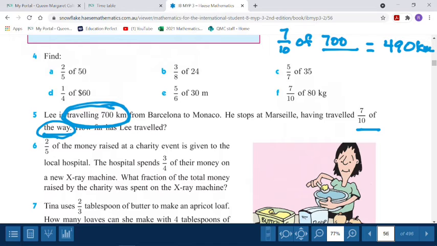Who, what, when, where? With numbers. If you don't have numbers to support it, then your sentence is garbage. You could say it different ways, but there you go. You could have said 7/10 of his 700 kilometer journey is 490 kilometers. It's another way of saying the same thing.